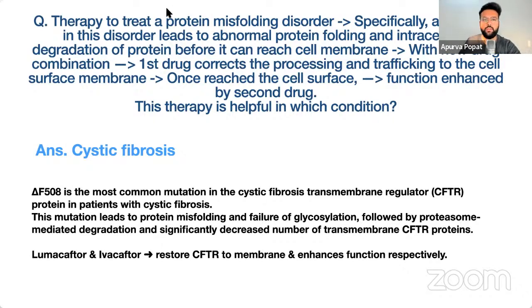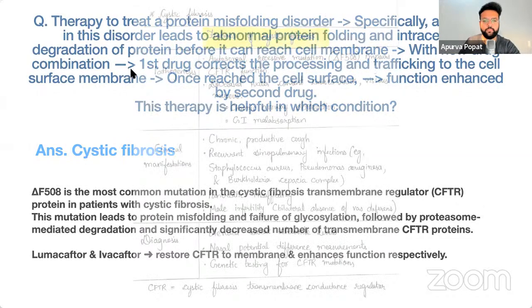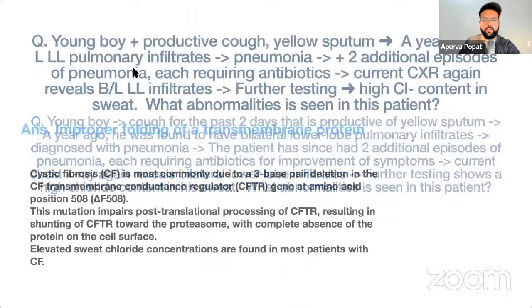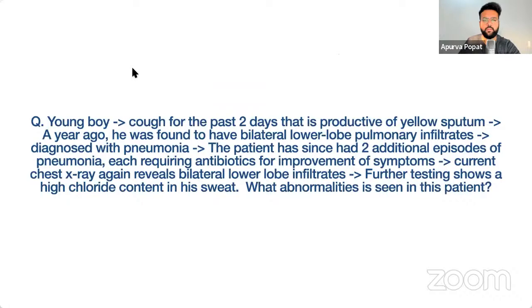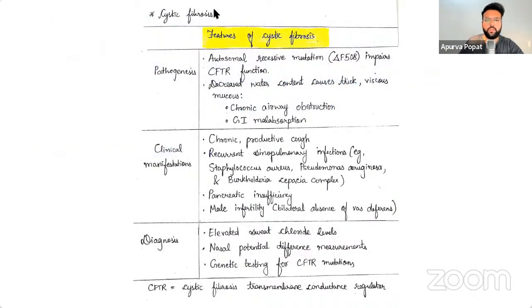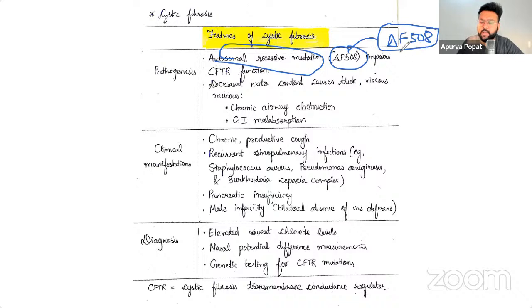Let's talk about the next one. So these are some of the features of cystic fibrosis. Of course it is an autosomal recessive disease with delta F508. What do you mean by delta F508? There is deletion of what amino acid?